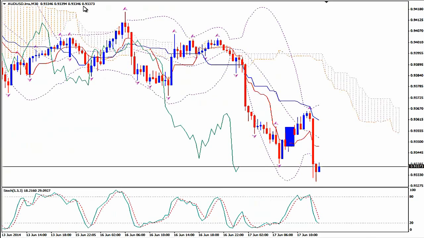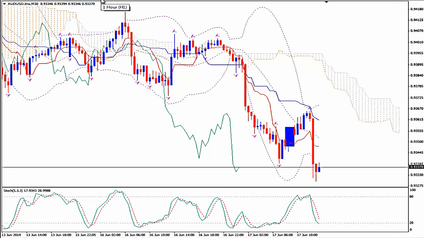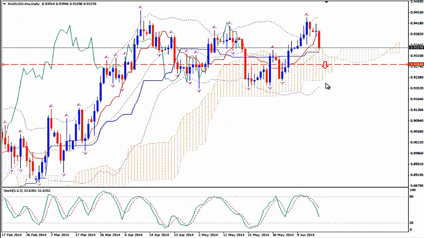And when you enter, you place your stop at least 100 pips above your entry, and you place your take profit target close to the lower Bollinger Band, 10 to 20 pips above the lower Bollinger Band on the daily time frame, because when the pair reaches the lower Bollinger Band, something that stochastics will confirm, it will likely reverse and would want to resume its uptrend.